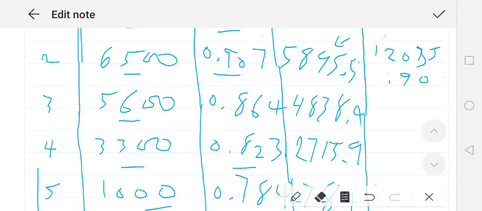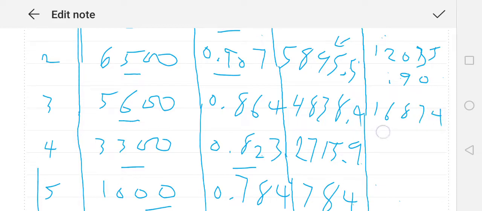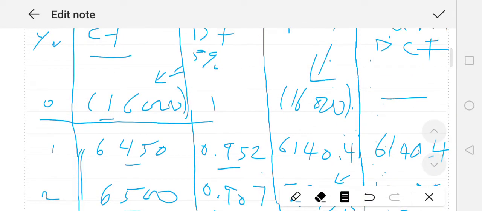Year 3 we have 12035.9 plus 4838.4, so in that case we are going to have 16874.3.